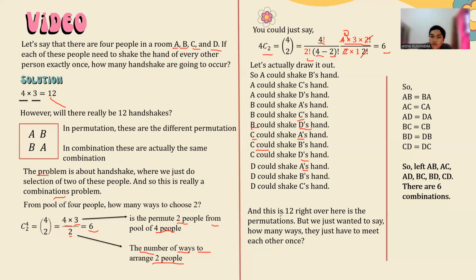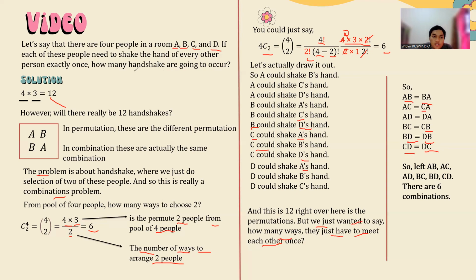And this 12 over here is the permutation, but we just want to say how many ways they just have to meet each other once. So AB is equal to BA, AC is equal to CA, AD is equal to DA, BC is equal to CB, BD is equal to DB, and CD is equal to DC. So left with AB, AC, AD, BC, BD, CD, and there are six combinations.